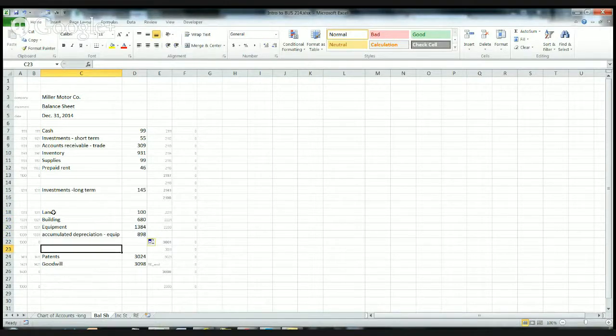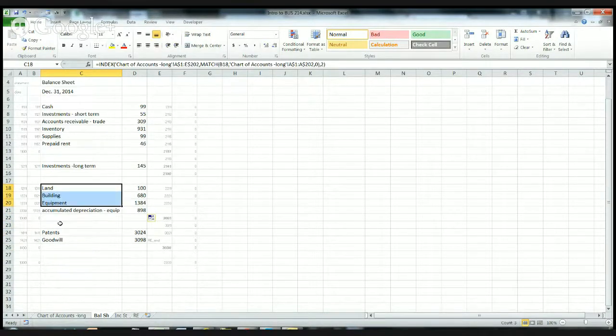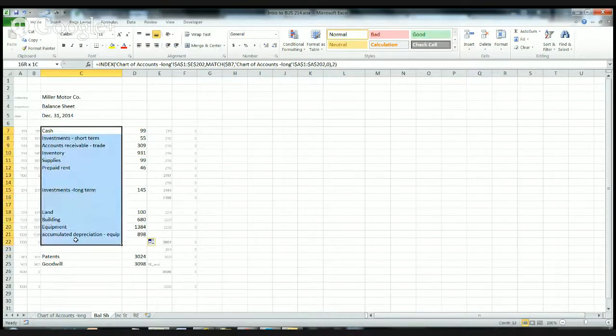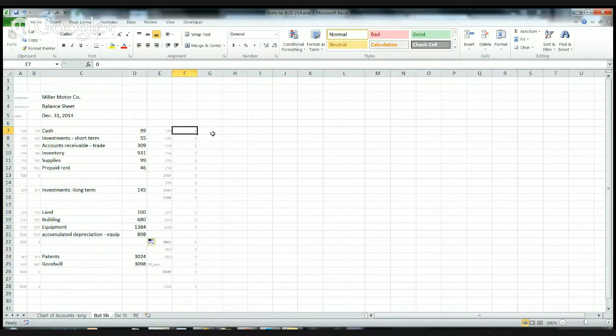Intangible, so land, building, and equipment, those are things we can touch. Patents, if I have a patent, drug companies have lots of patents on their medicines. Goodwill, that's something we'll talk about much later. But what I want you to do is get a feel for what assets are, what type of accounts are assets. Now we're going to come over to liabilities.